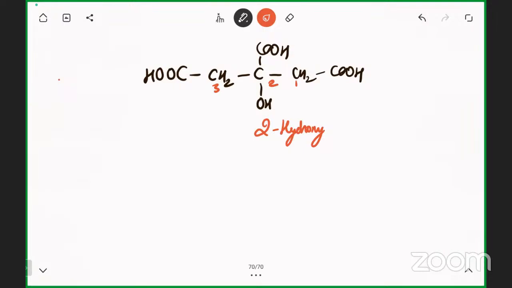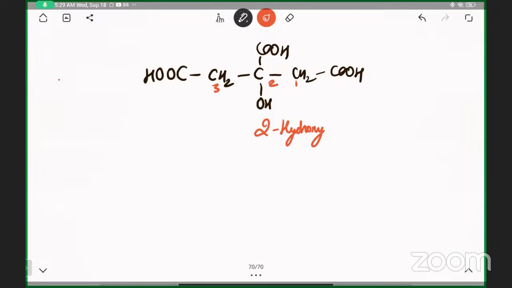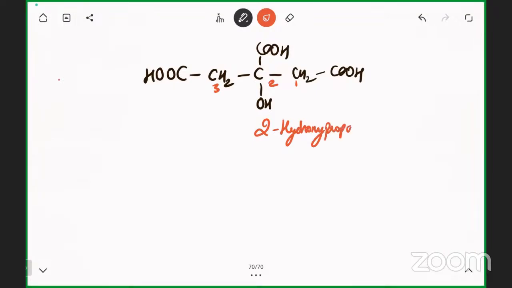Since they have equal priority, we will not give priority to anyone. So first we'll write the name of the main chain, so 2-hydroxypropane-1,2,3-tricarboxylic acid. For 3 we use tri.